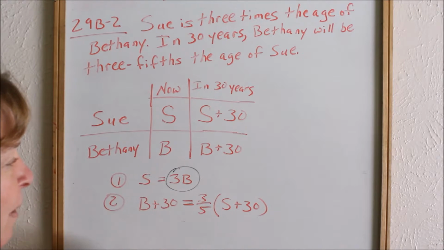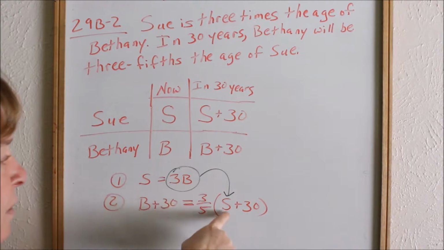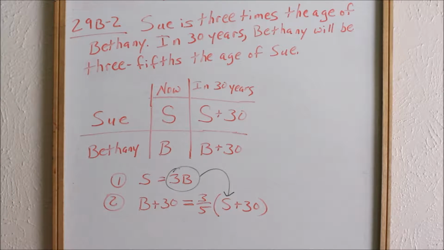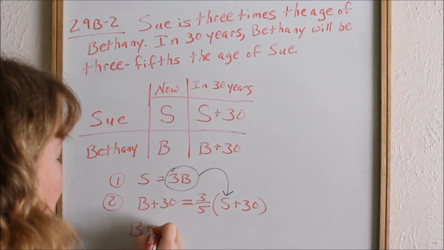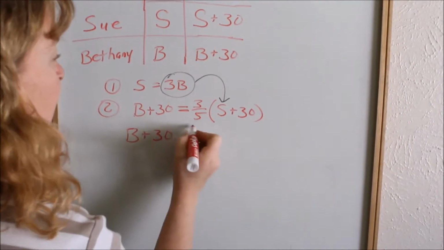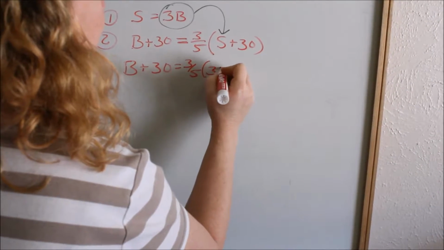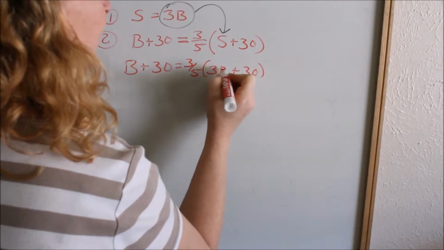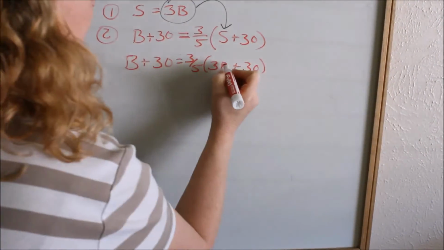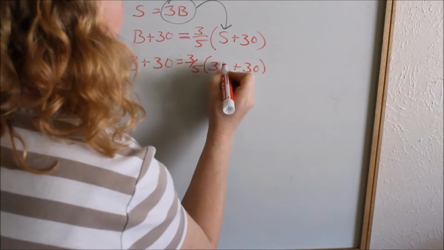So I'm going to take my 3B and put it in here for S. S is 3B, so I'm going to put it right there. So then I can say B plus 30 equals 3/5. 3B, I'm putting in 3B for my S, plus 30. Okay, and I'm trying to solve for B. Make sure this looks like a B and not an 8.